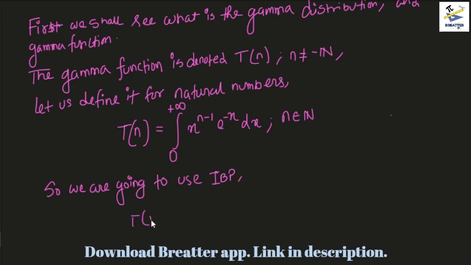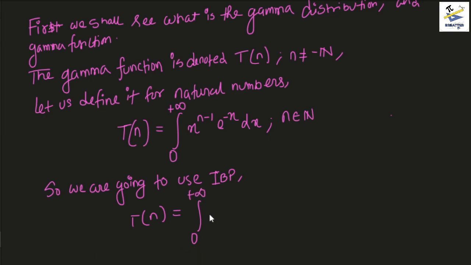Gamma of n equals the integral from 0 to positive infinity of x to the power n minus 1 e to the power minus x dx. And you remember from our ILATE rule that algebraic functions, that is the one that stands for A, come first, and then at the end comes E, which stands for exponential functions, right? So this would be function 1 and this would be function 2.